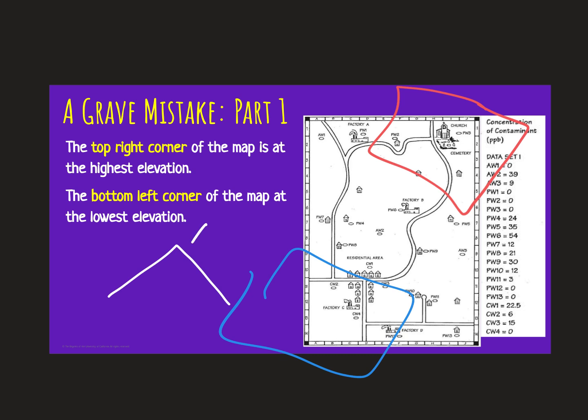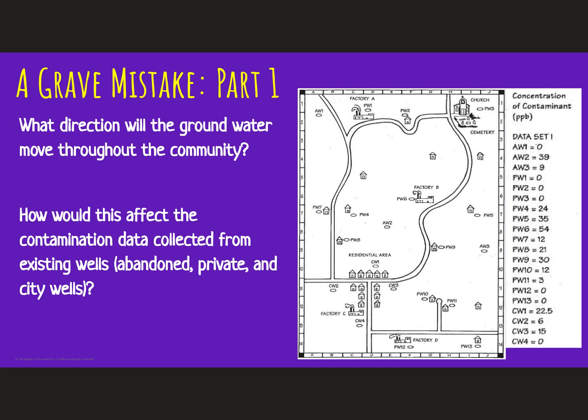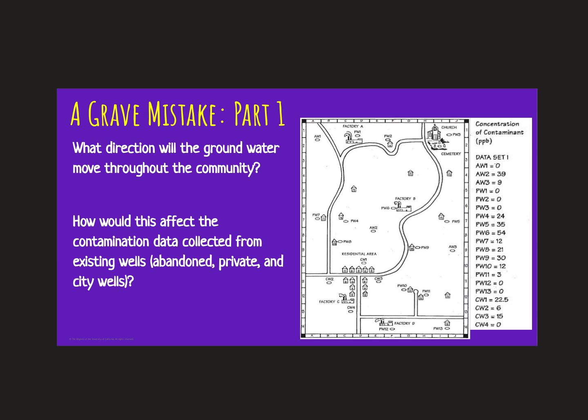You'd have high elevation up here, low elevation down here. So think about the first part. What direction will the groundwater move throughout the community? And how would this affect the contamination data collected from existing wells? Abandoned, private, and city wells.